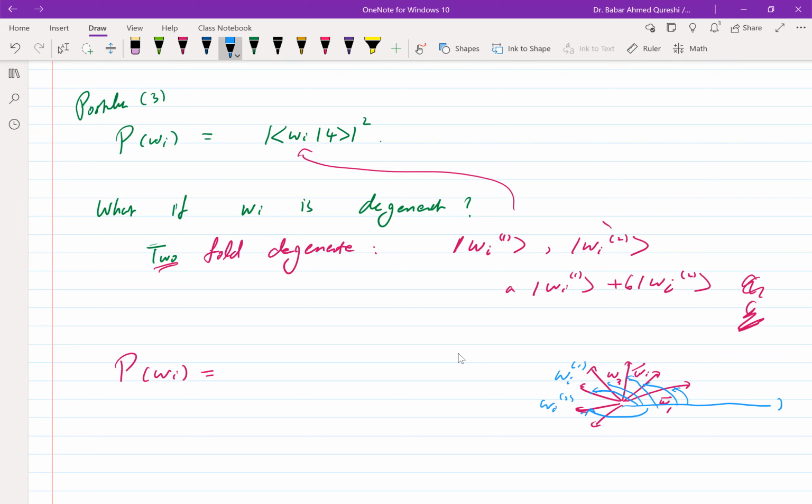So you either get the Wi from this or from that. And you know very well that when you have an OR statement in probability, then you add them. So you will have this kind of addition.